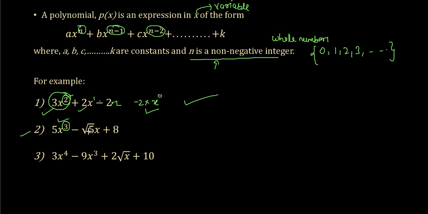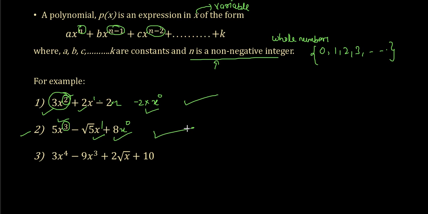They could take any value, but the variable should satisfy the condition that its exponent is a non-negative integer. Here x raised to power 1 is acceptable. Then we have a constant 8, which we can also write as 8x^0. So the third term also satisfies the condition, and this second expression can be called a polynomial.